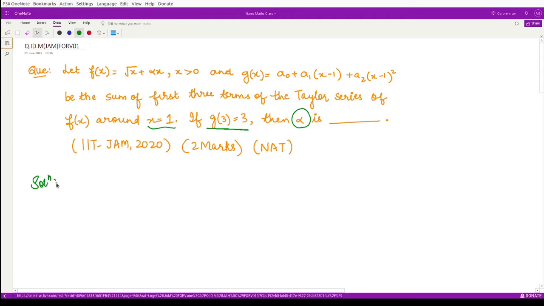Let's solve this. Here the function f(x) is defined to be square root x plus alpha x.